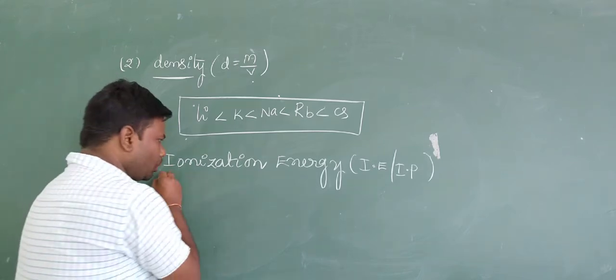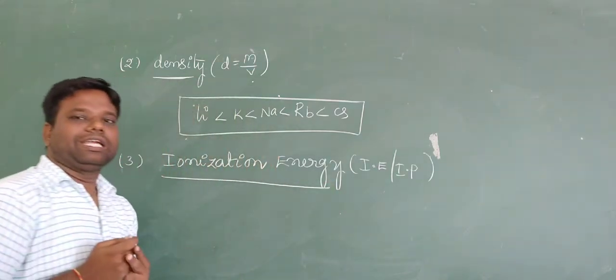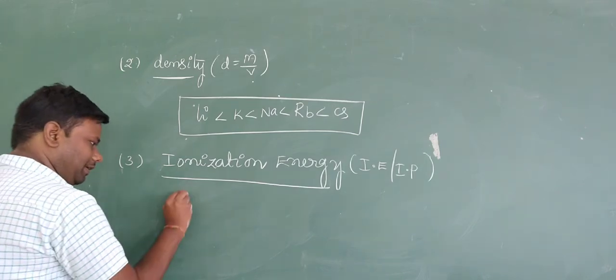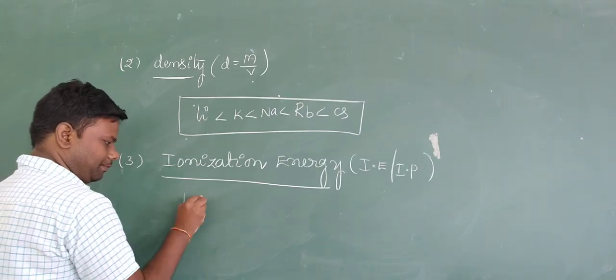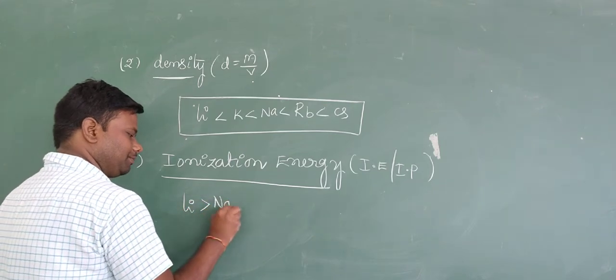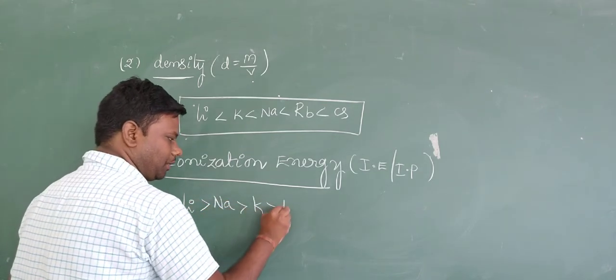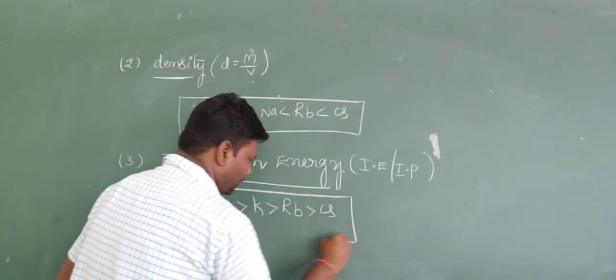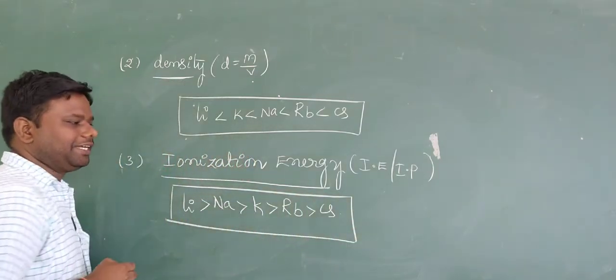That means down the group ionization energy decreases. Look here, order: lithium, sodium, potassium, rubidium, cesium.